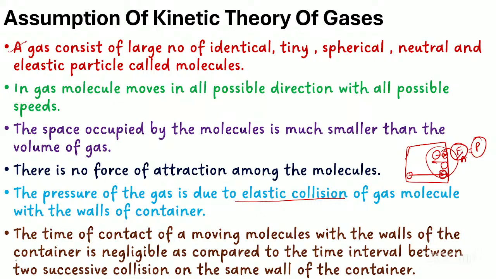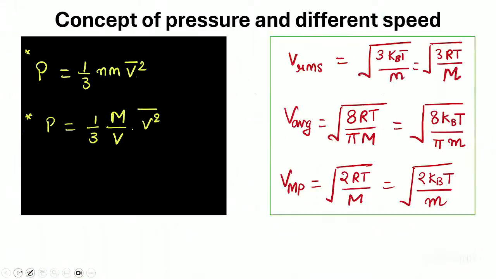Now, the next thing is pressure, the concept we have seen in the previous postulate. Pressure is the only factor developed due to the elastic collision of the molecules with the walls of the container.